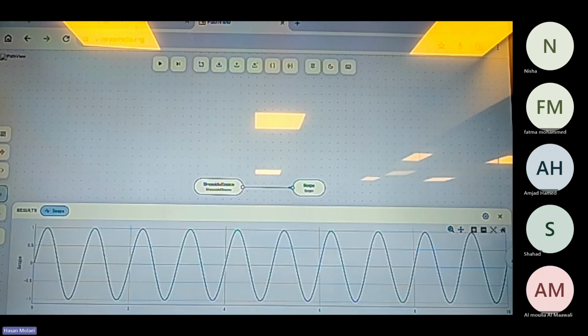Suppose you want to add another sinusoidal signal to this one with a frequency of 3. Can you do that? Add another sine waveform with a frequency of 3.